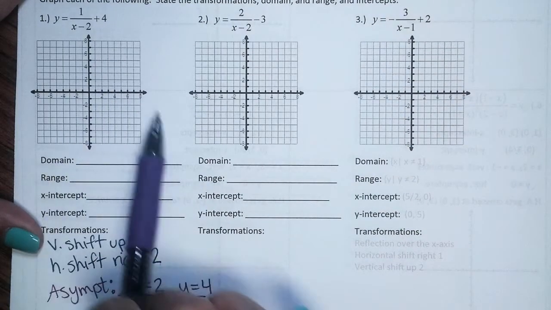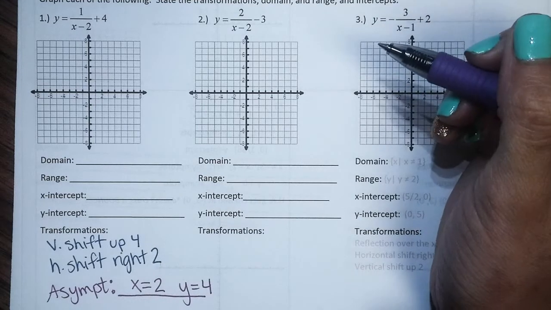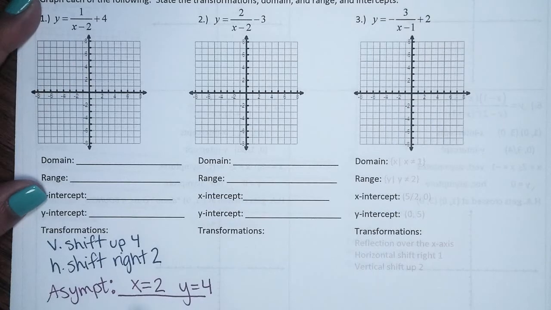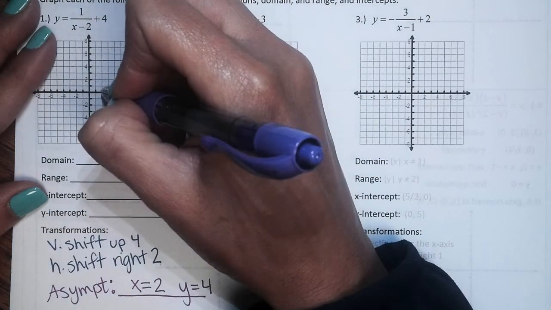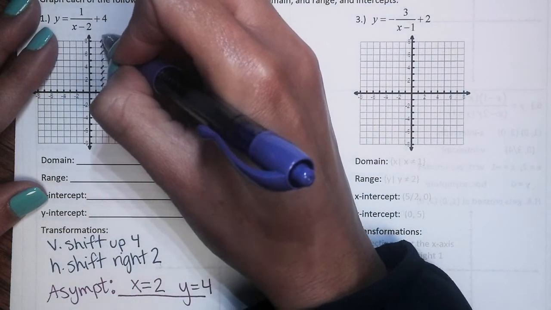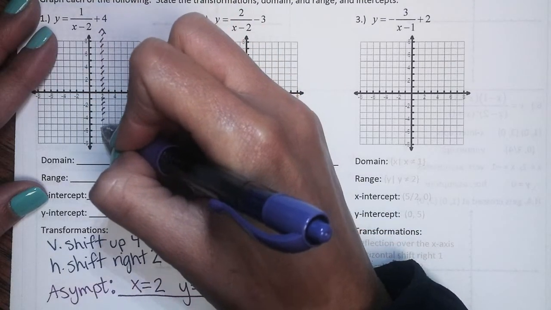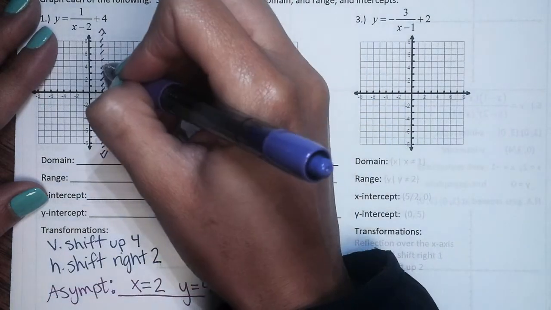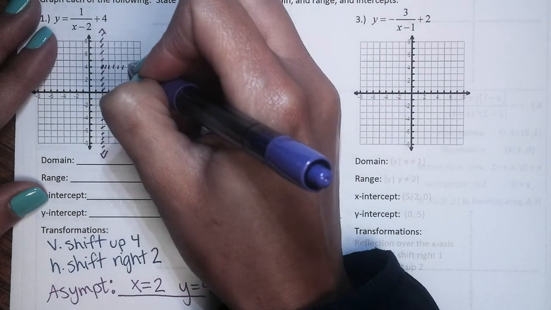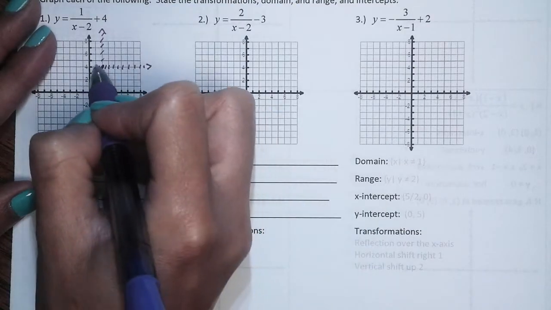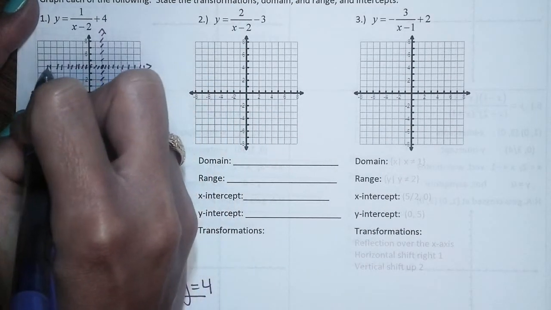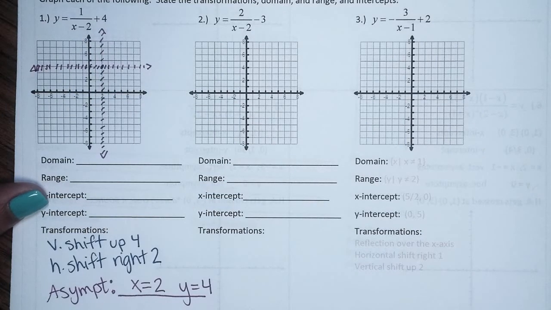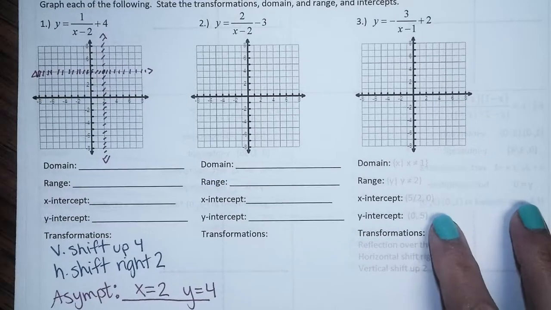On your graph paper, you will need graph paper for your next quiz and test. X equals 2. So let me sketch it here. Y equals 4. So those are your new asymptotes.